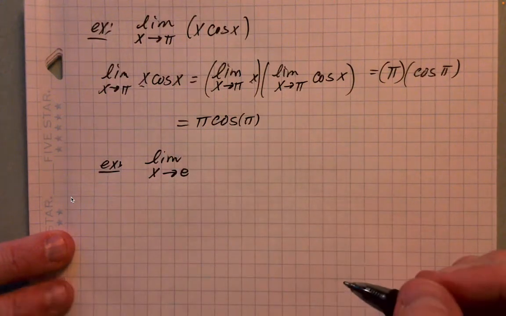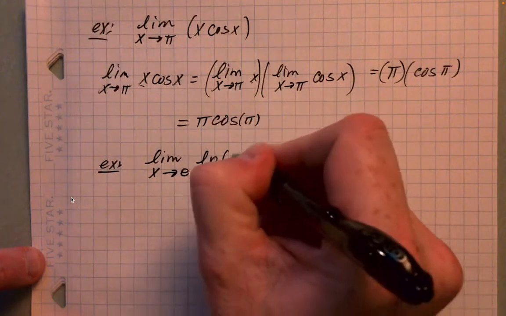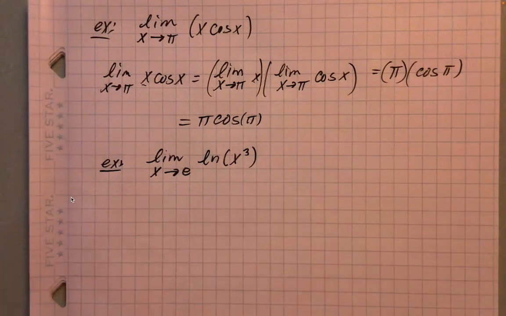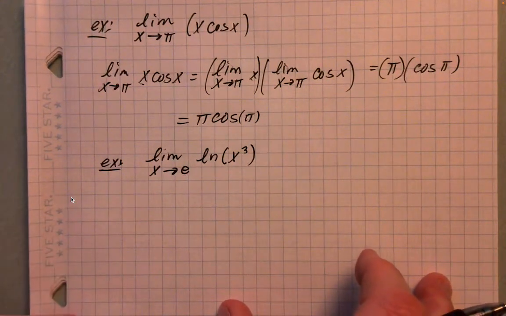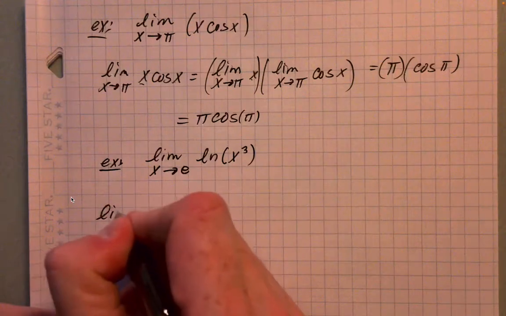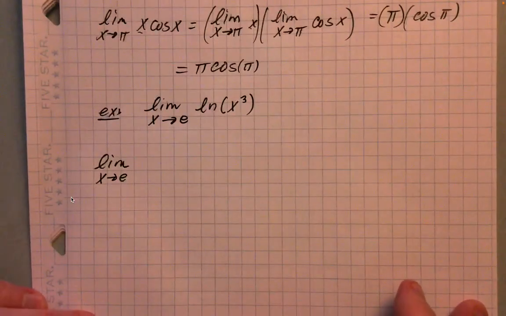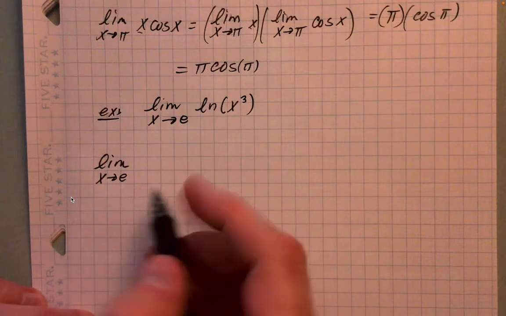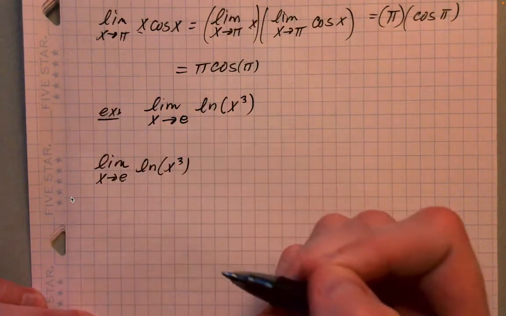So this would be the exponential of the natural log of x cubed. Okay, so what does this limit look like? Well, let's talk about this. Again, lots of experience is helpful here. So limit as x approaches e of the natural log of x cubed.